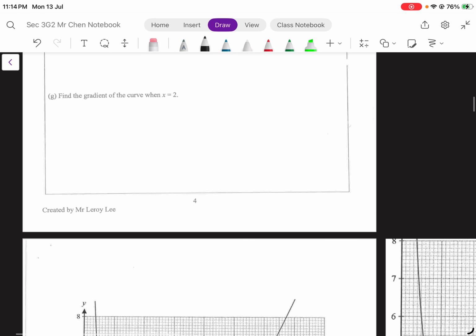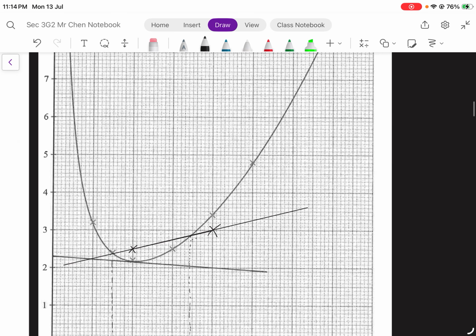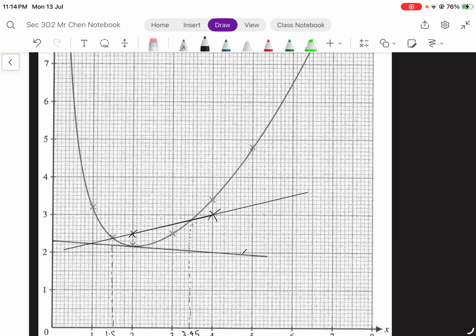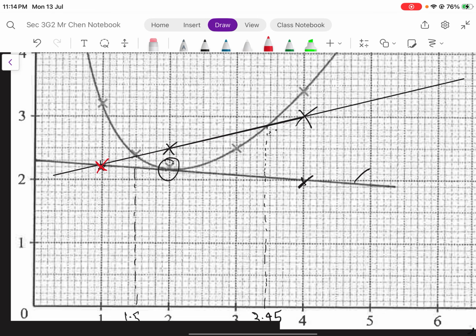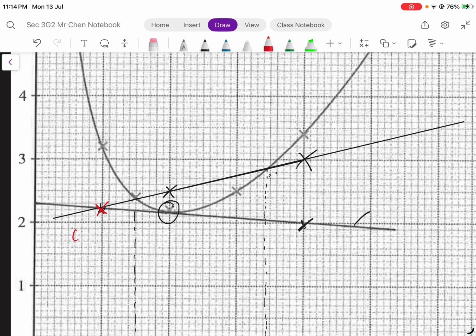Find the gradient of the curve when x equals. I've drawn it here. This is the gradient. It must just touch this point. I can't mark out 2 points where I can find whole numbers. Let's say I take this point, using red color. This point would be x is 1, y is 2.2.